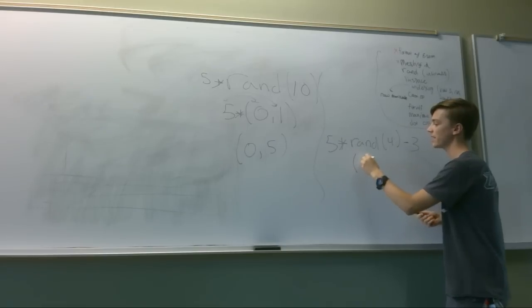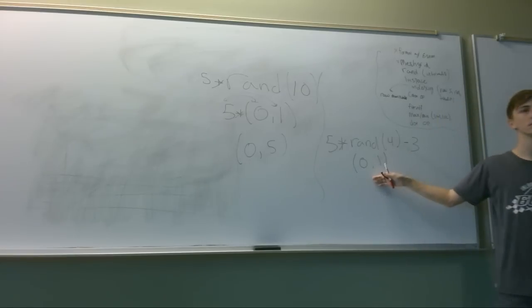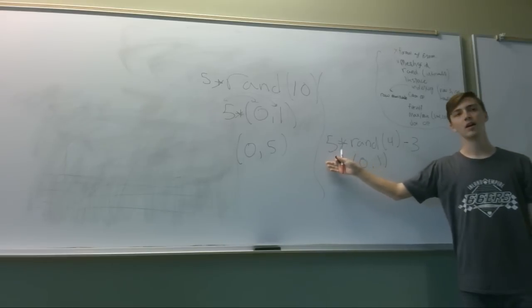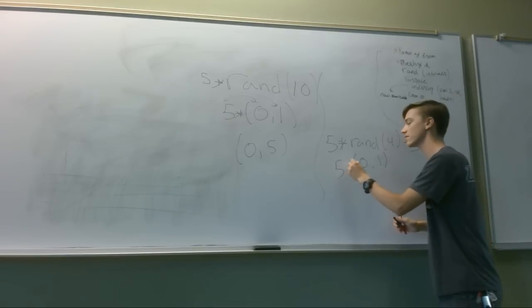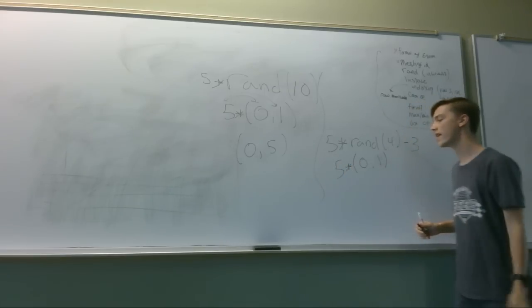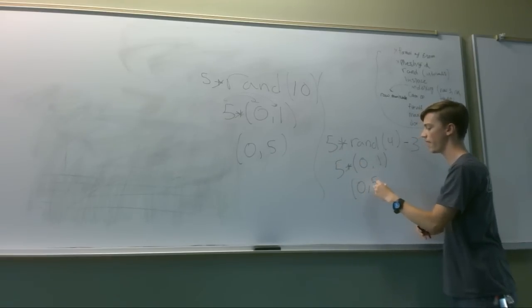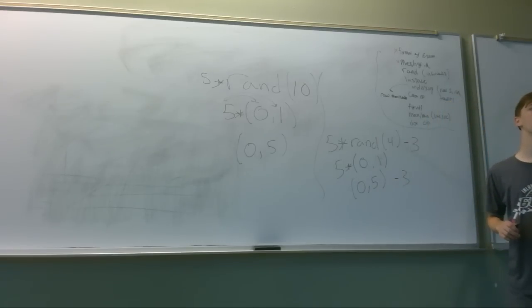And the reasoning behind that: let's walk through this step by step. This is what the random function initially gives us, 0 to 1. First we multiply by 5, PEMDAS, so now our values go from 0 to 5. And now we want to make a difference of 3 in all of these values.